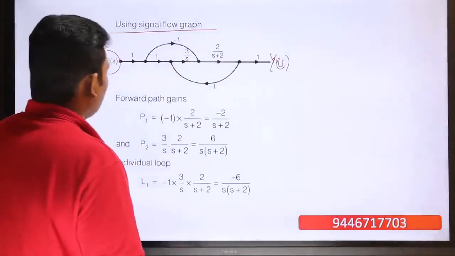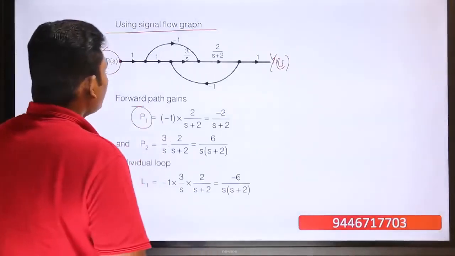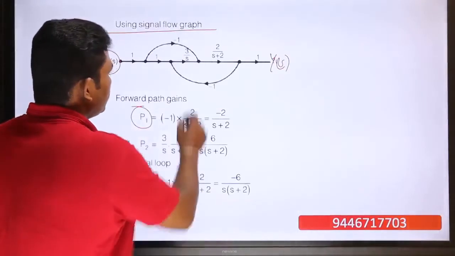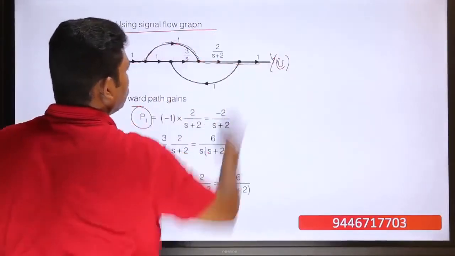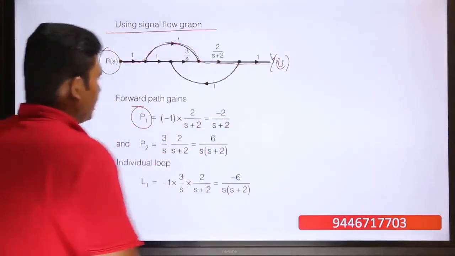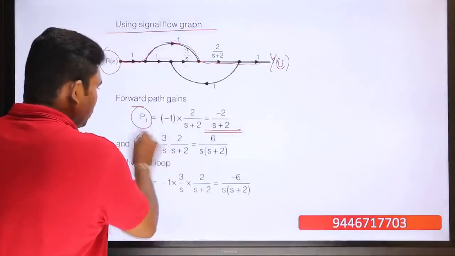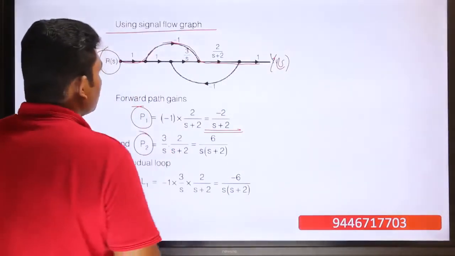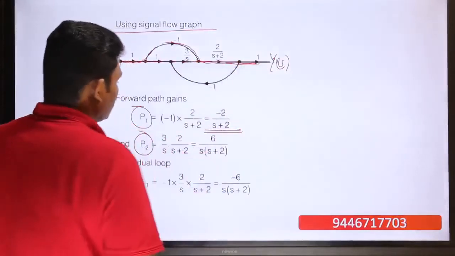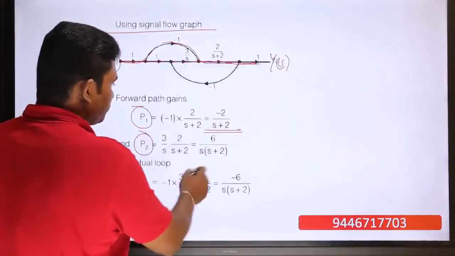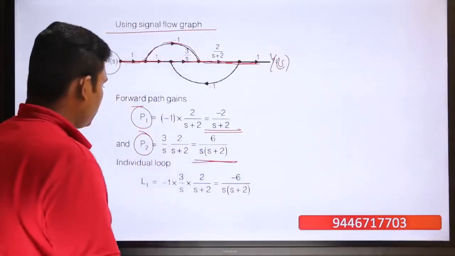Now we are going to find the forward path gains. The first forward path is P1, which is -1 into 2/(S+2), so it becomes -2/(S+2). The second forward path is P2, which is 3/S into 2/(S+2), which becomes 6/(S(S+2)).